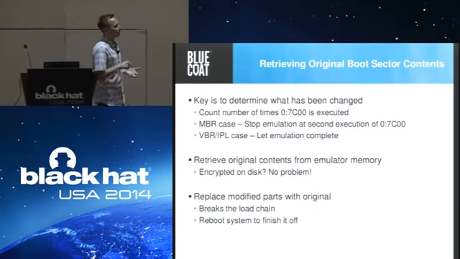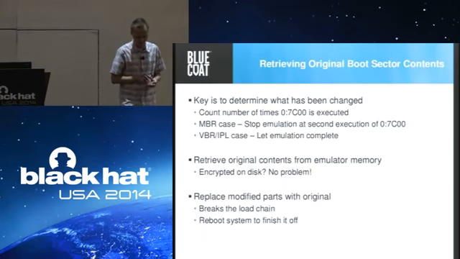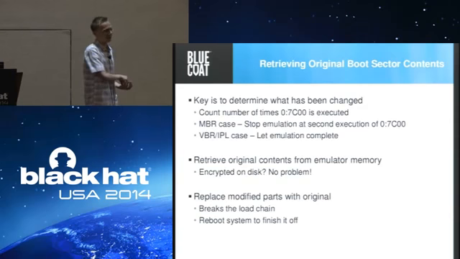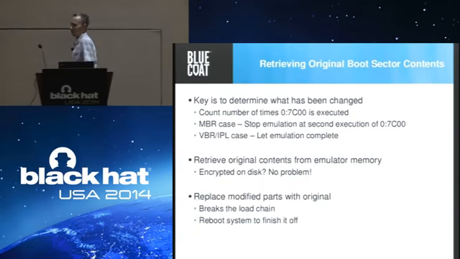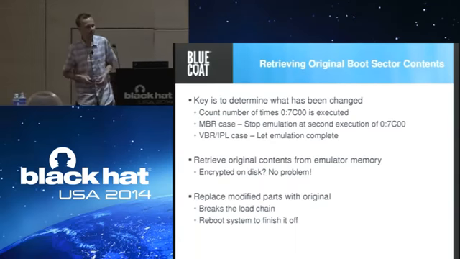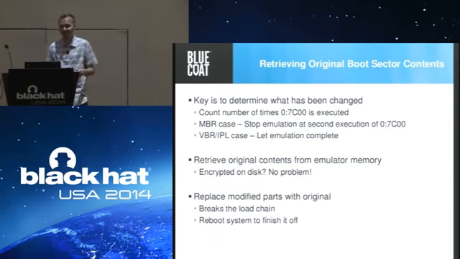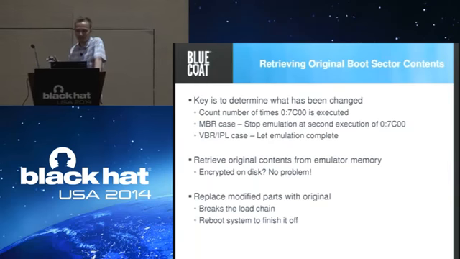If you can somehow manage to retrieve the original contents, so basically what the boot sectors should look like, and then you replace the modified parts with the original, then it's simply rebooting the system, and the bootkit will at least not load. That's my point. So the key is really to determine what has been changed.